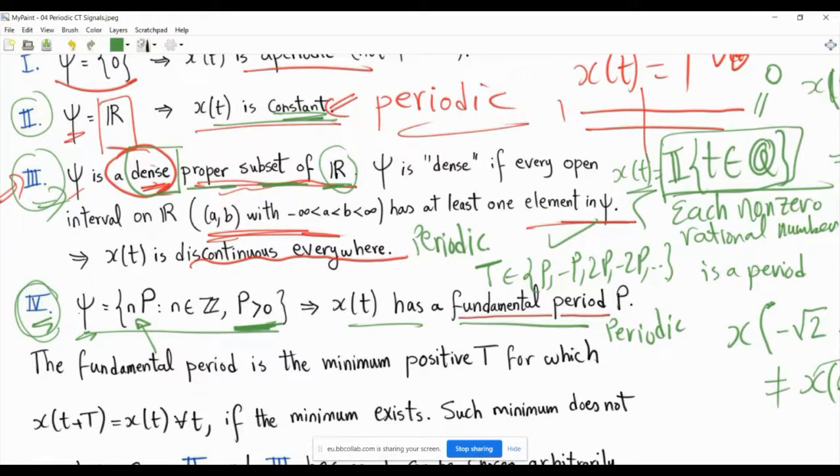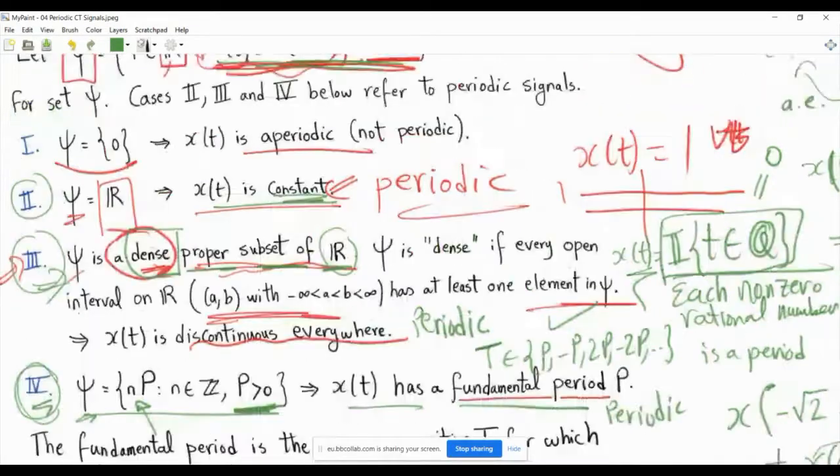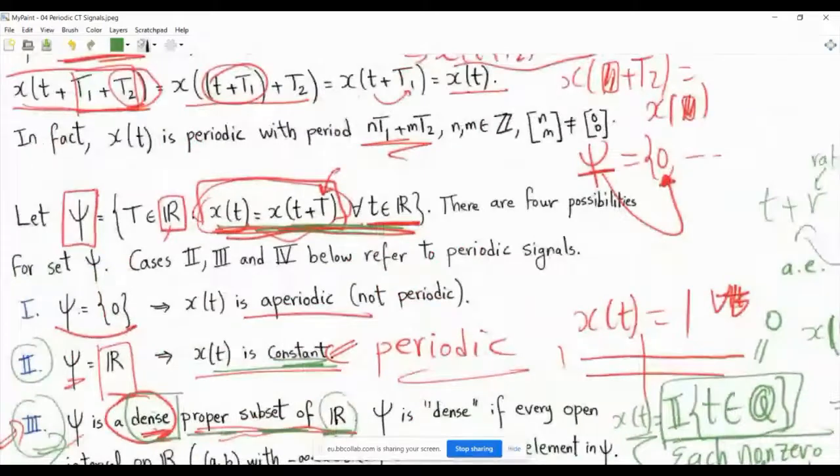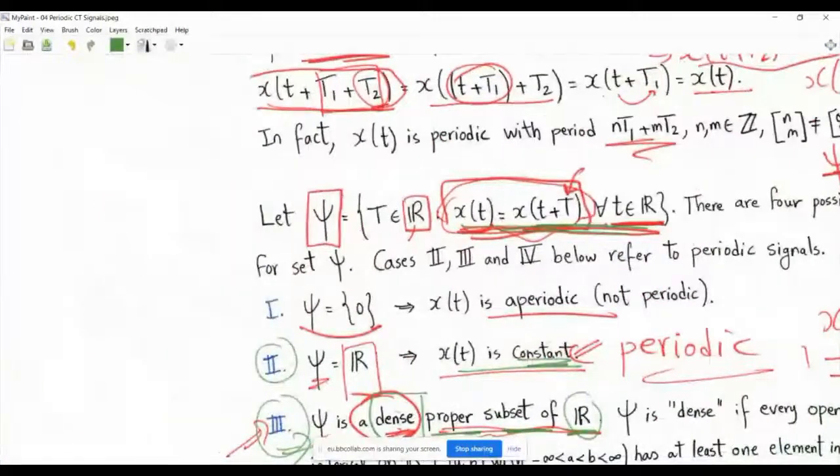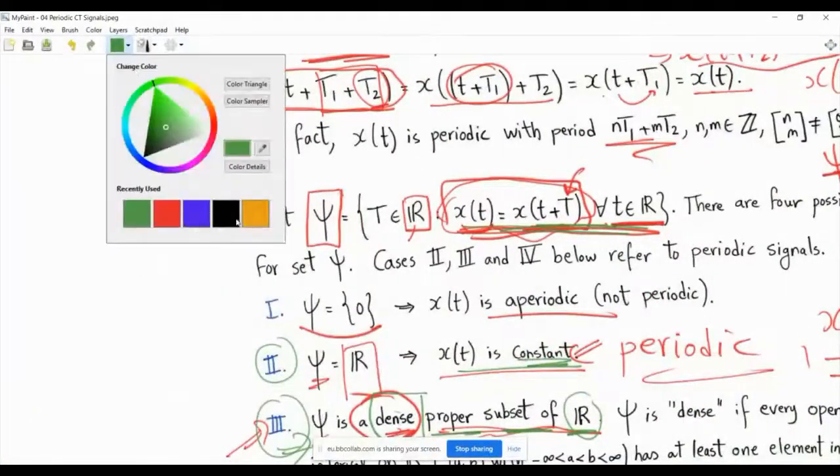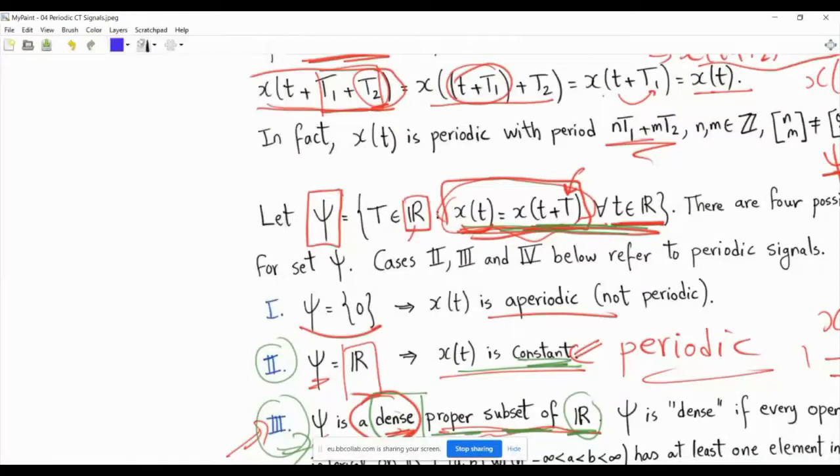Now I will say something, just to explain why we have just these 4 cases. Actually, there is a fundamental mathematical result. So let me, for completeness, mention what is going on here.